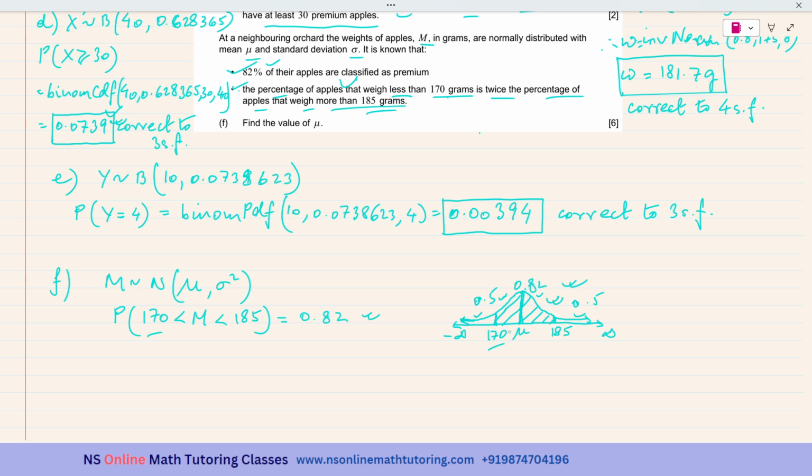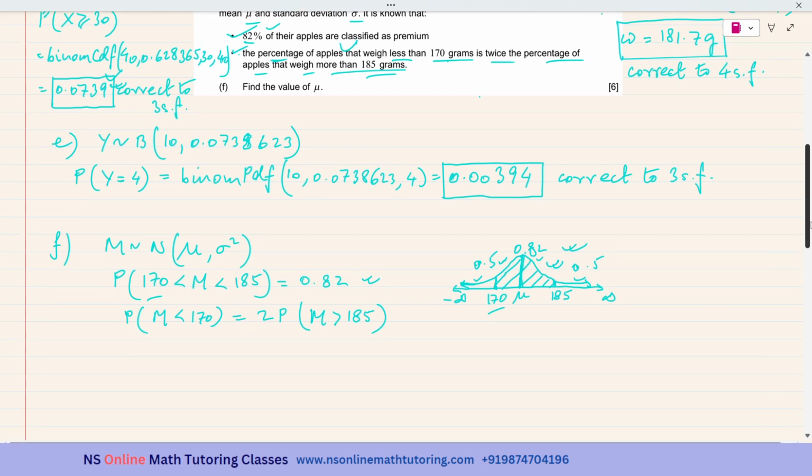And they are saying percentage, I'm taking the probability, because if you divide the percentage figure by 100, you will get the probability. So I'm reading it as the probability of apples that weigh less than 170 grams is equal to 2 times the probability of apples which weigh more than 185 grams.